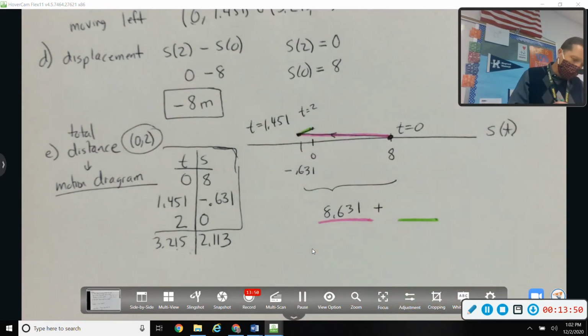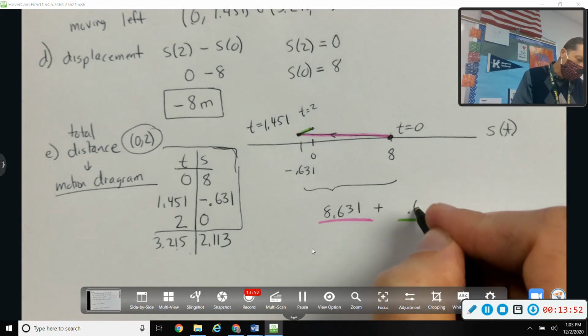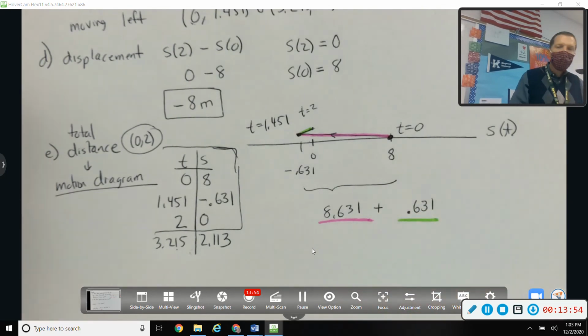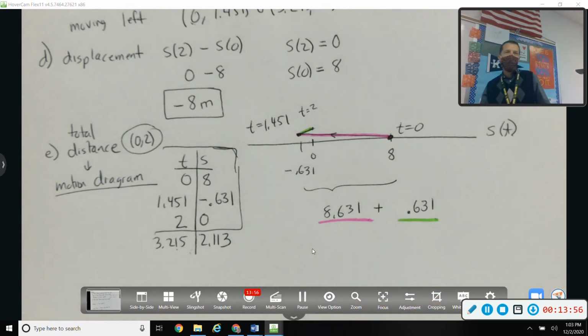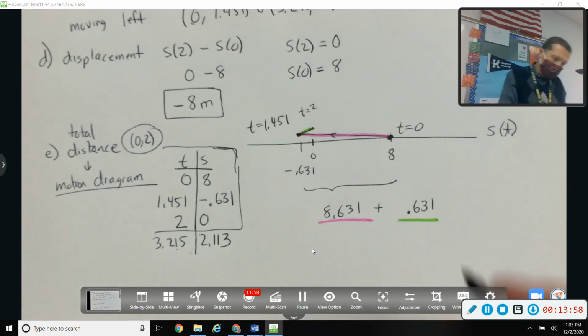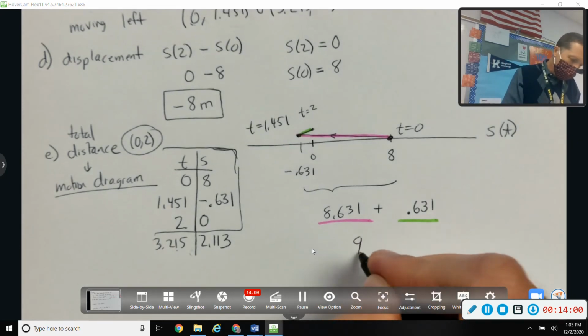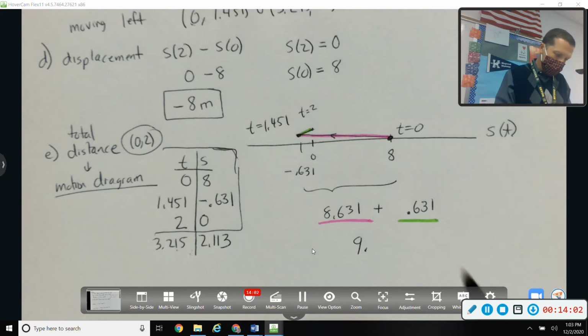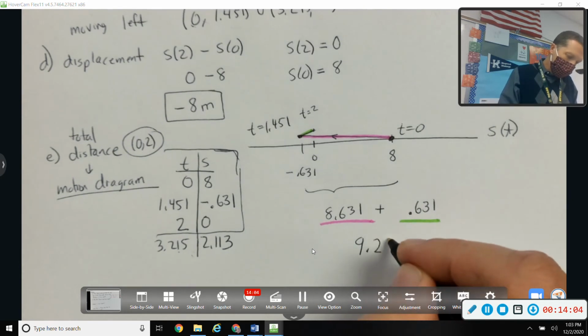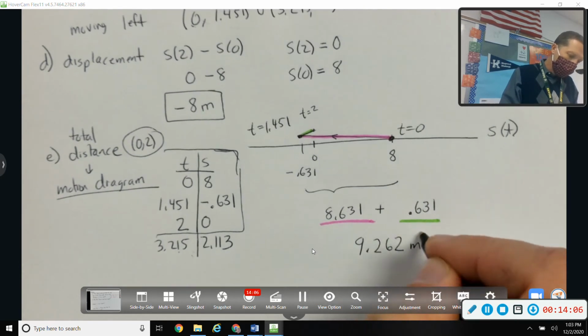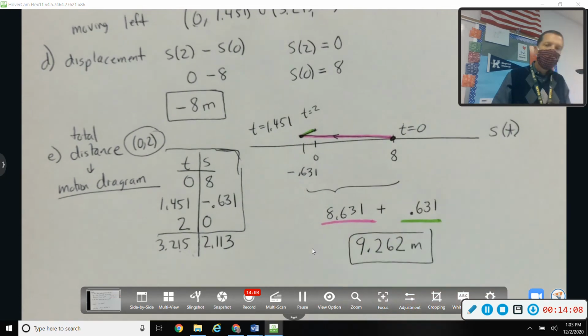And then that last little bit is another 0.631 because we get back to 0. Maybe that helps see which way we're going here. So 9.262 for our total distance traveled.